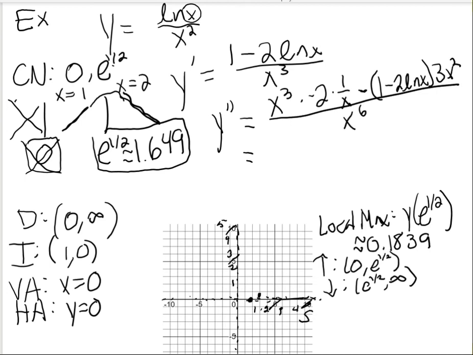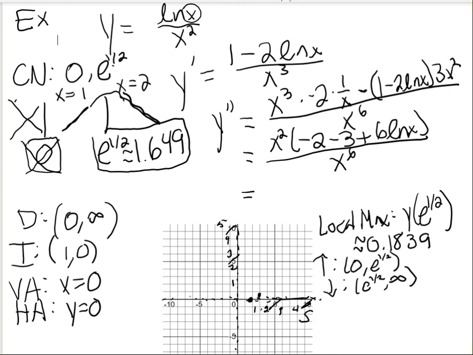So this is going to be, we can factor out an x squared, negative 2 minus 3 plus 6 natural log of x over x to the 6th, or negative 5 plus 6 natural log of x over x to the 4th. That's only undefined at 0 again.